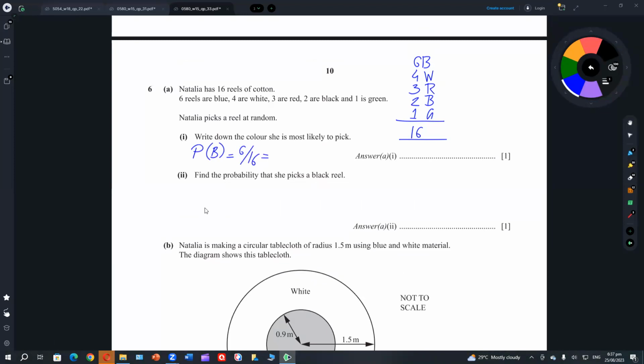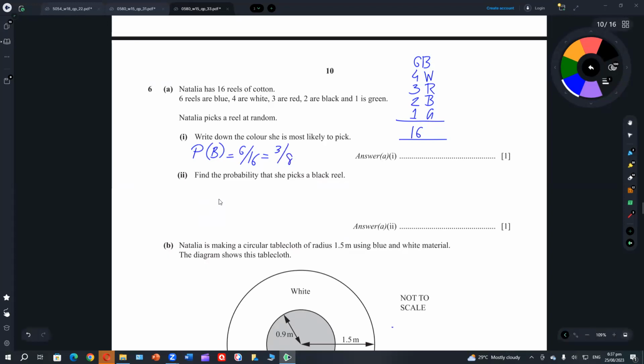Okay, copy this solution and reduce the fraction. It would be 3 by 8. 3 over 8. Yes. Right.